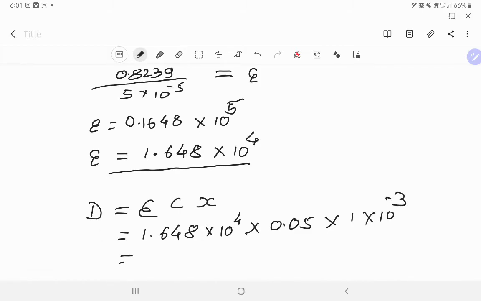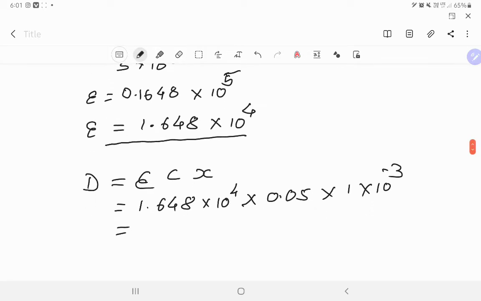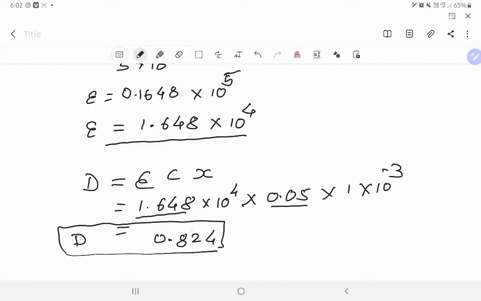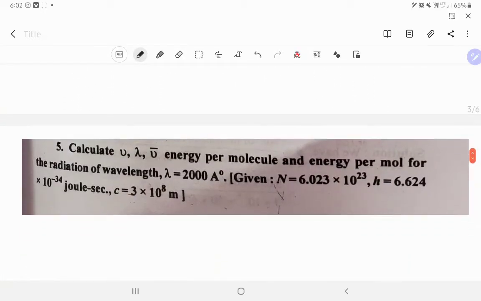You can multiply these values. 1.648 into 0.05 and the value of D, optical density, will be 0.824. Means we will get this optical density as well as extinction coefficient. Okay. We will go for next problem.